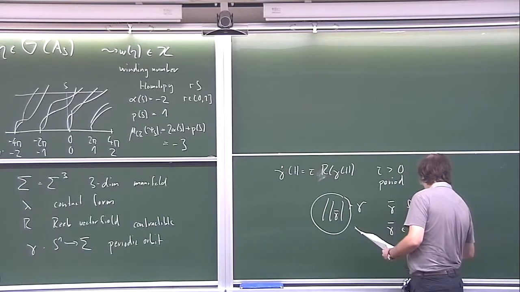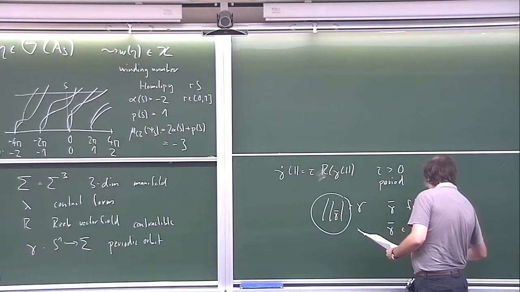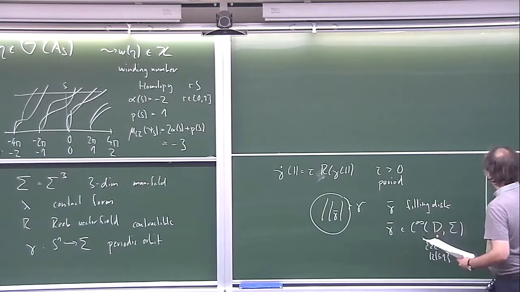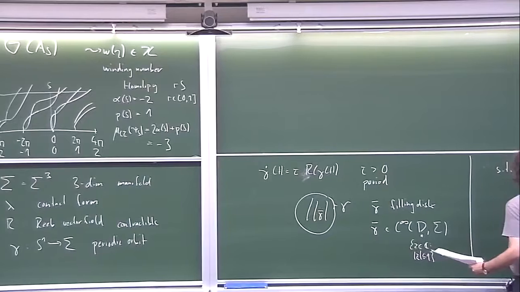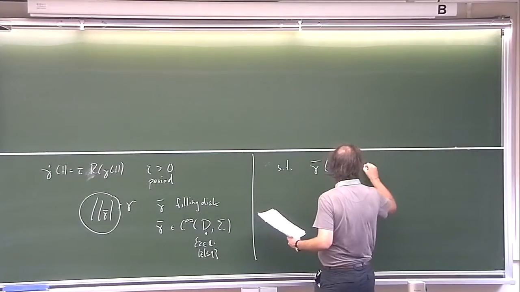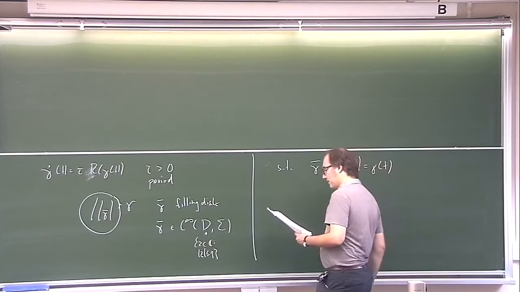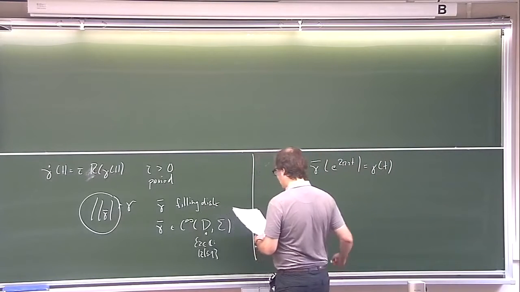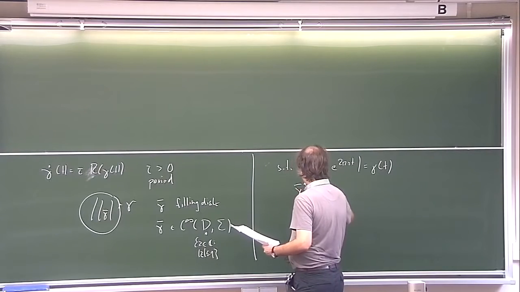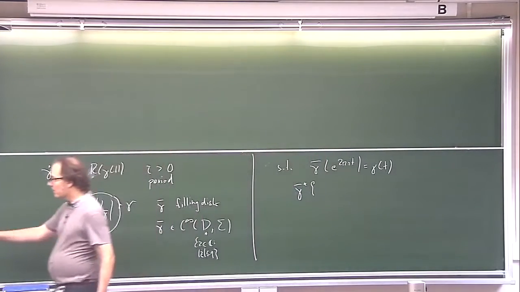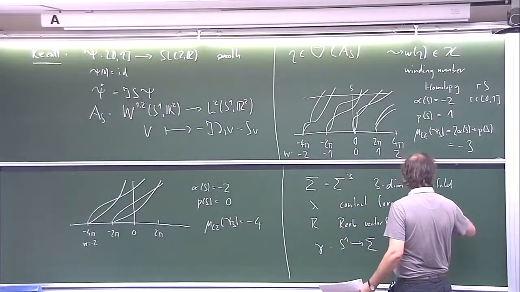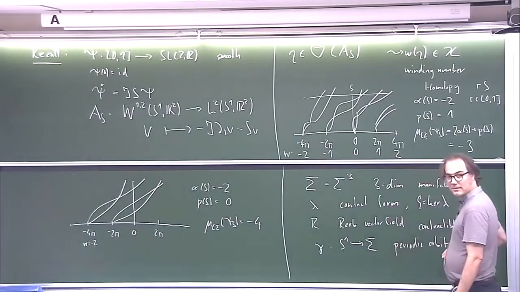So this is just {z ∈ C : |z| ≤ 1}, such that γ̄(e^{2πit}) = γ(t). And now let us look at, so if you have a contact manifold, recall we have ξ, the kernel of λ. This is the hyperplane distribution.